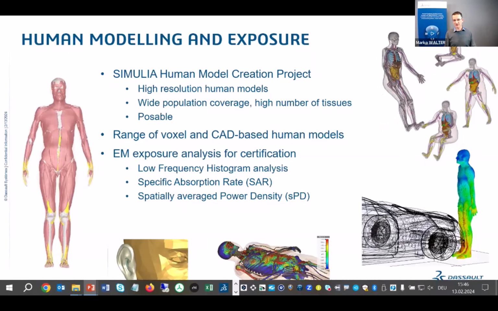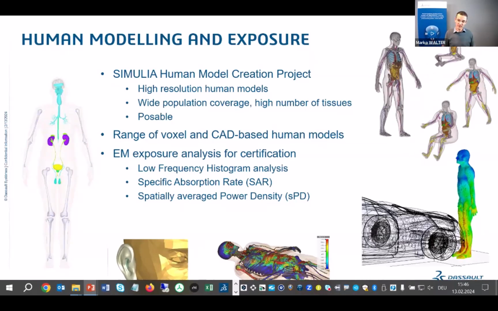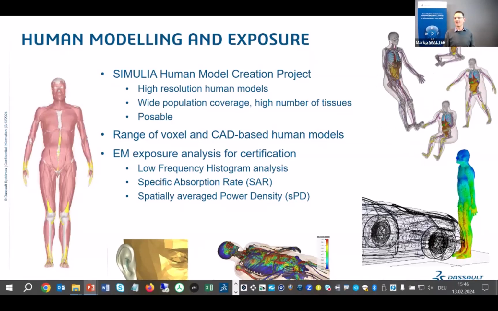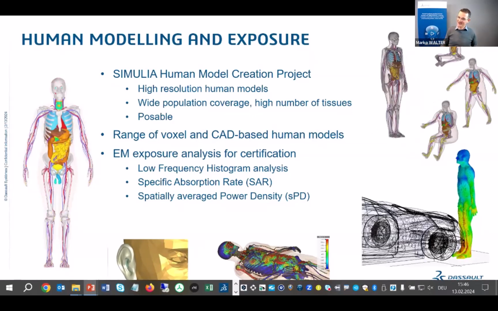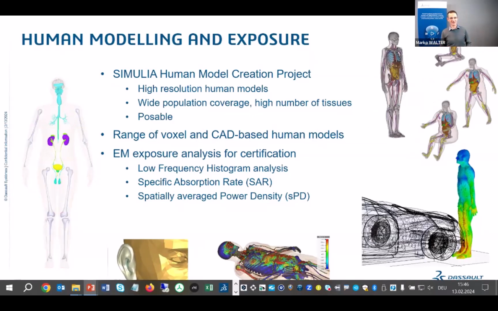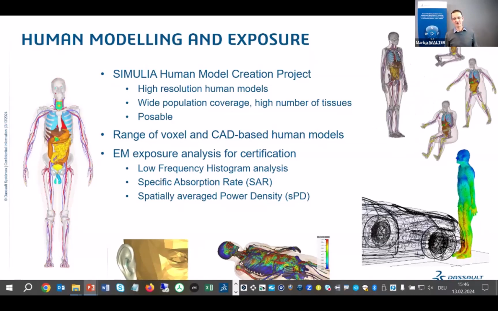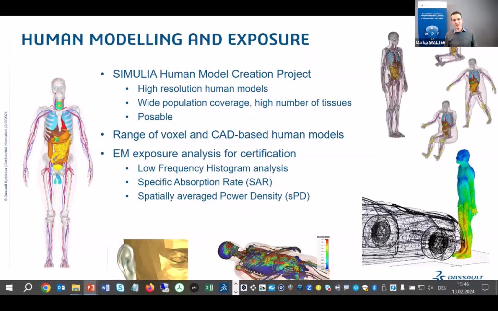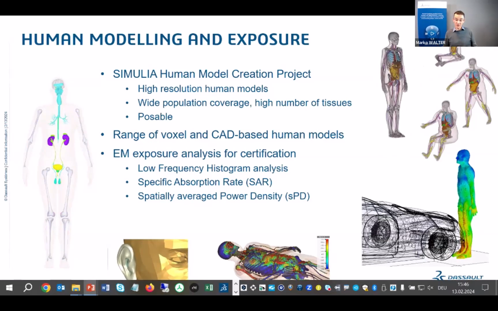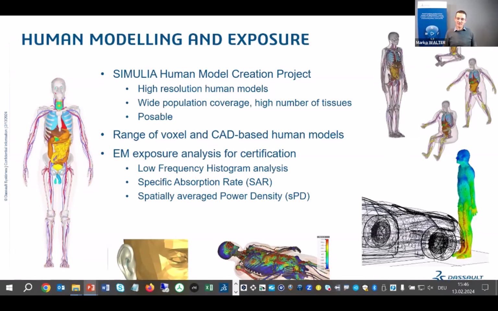They're high resolution. They cover a wide range of a population, so both in terms of gender, in terms of shape and size, and of course in terms of age, because age affects the properties of the tissue type. So we have a number of human tissue types which have age-dependent material properties. And of course, as we can see at the top right, these are posable.